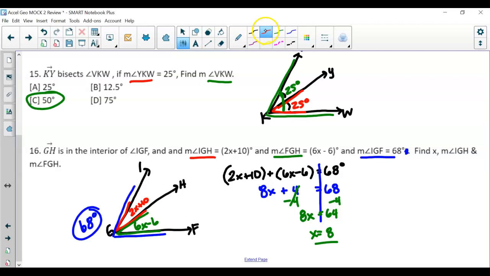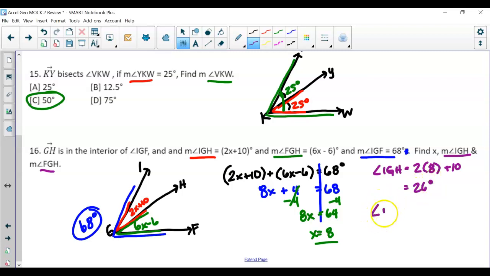Now, we need to take this x value and plug back in because we're looking for both of the angle measures inside. So angle IGH was 2 times x plus 10. Well, x is 8, so that's why here the angle is 26 degrees.